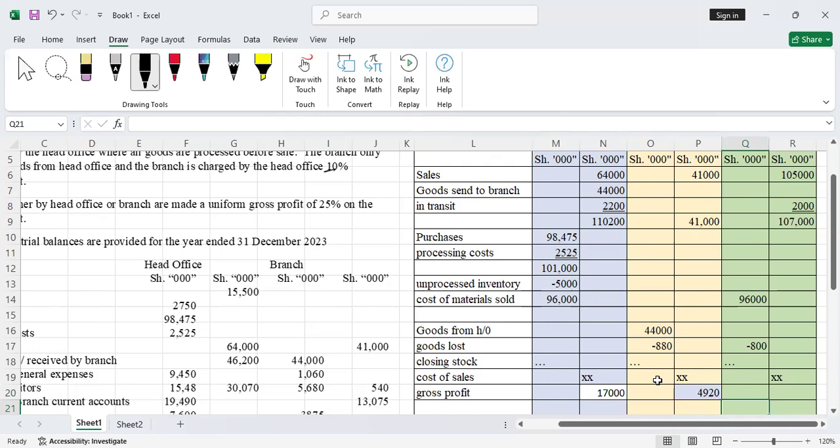Now, can we work backwards until we get closing stock? Now, 11,200 minus what equals 17,000? Okay?